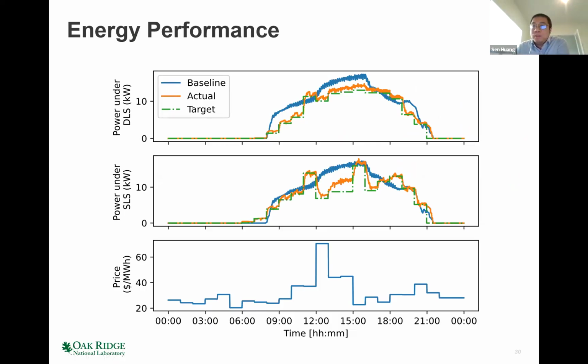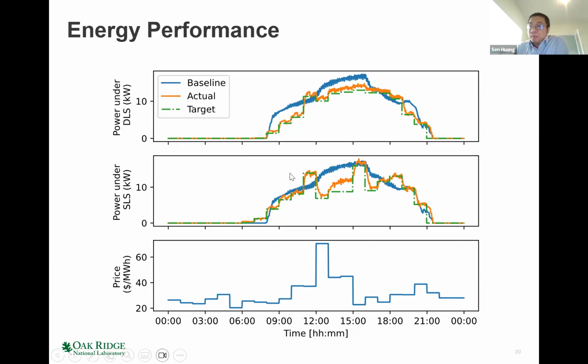But because of the poor temperature prediction, we actually do not respond that dramatically. There's a little bit of power decrease, but not much compared to the change in the price trajectory. It generally stays smooth and doesn't change a lot. That is not because the action doesn't drop, it is really because the prediction is too bad. So it really affects the operation performance in finding the best result.